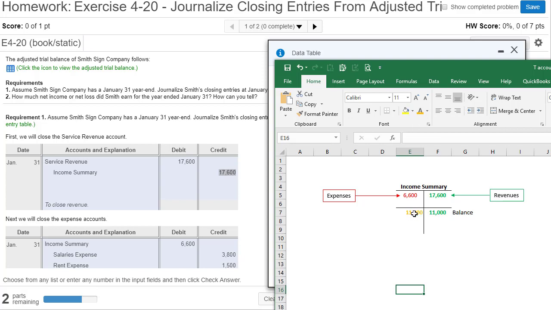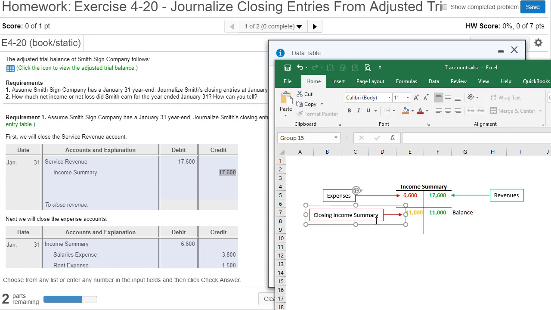So this 11,000 on the left side, the debit side, is how we close income summary. So if we want to label that also, the $11,000 closing, here we go. So this is how we close the income summary, 11,000 on the left side.